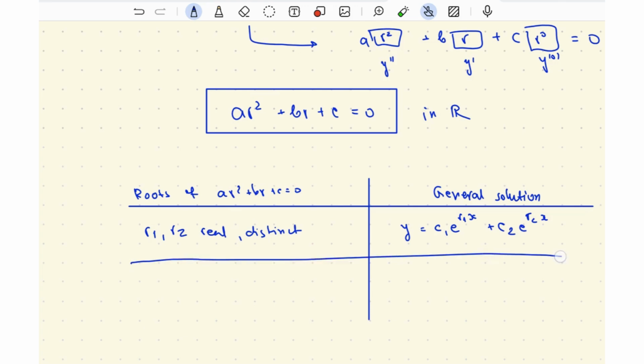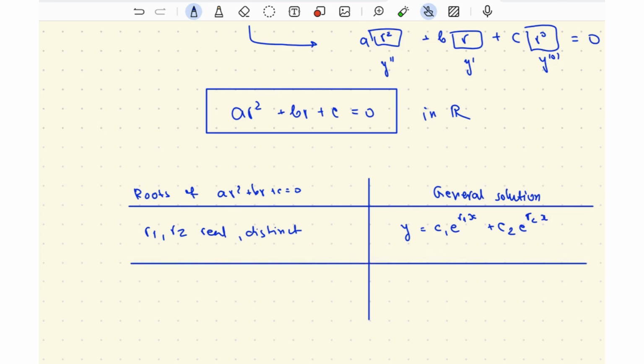Then we have r1 equals r2 equals r. In that case, the solution is c1 e to the power rx plus c2 x e to the power rx.